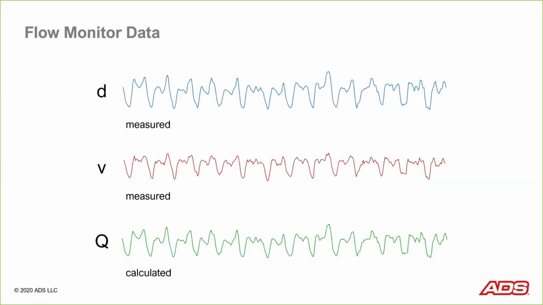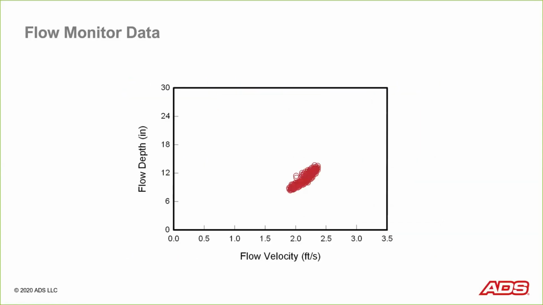However, there's another way to think about this information. We can take this depth data and this velocity data, and we can plot it together on something called a scattergraph. I'm showing you here a scattergraph where the depth is plotted on the y-axis and the velocity is plotted on the x-axis.